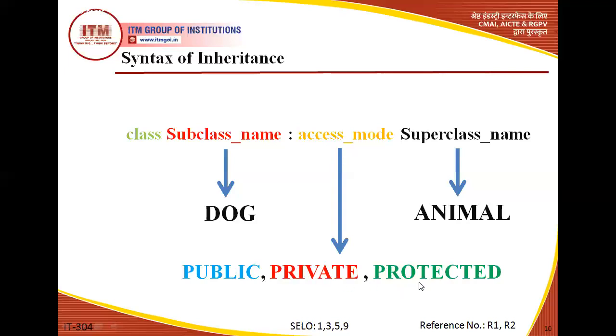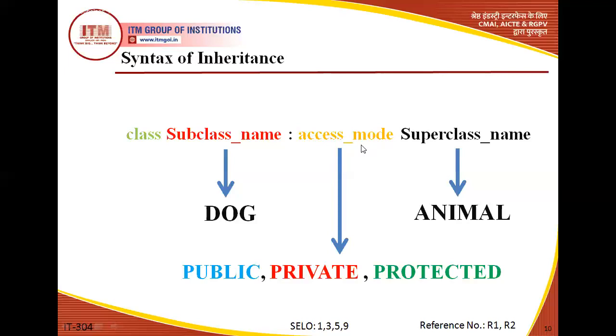I'm going to cover this complete thing in my next slide, but till then just focus on the syntax. You can write public, private, or protected while inheriting the superclass. If you don't write anything here, then by default the access mode is private.